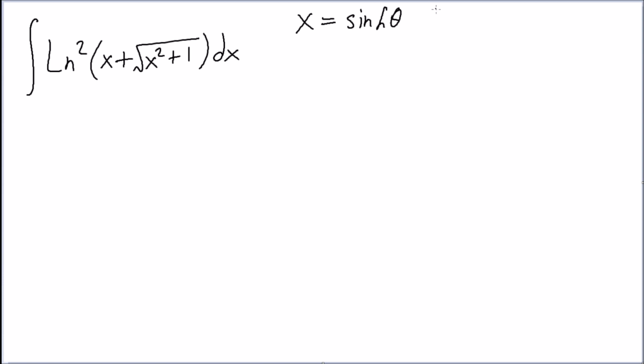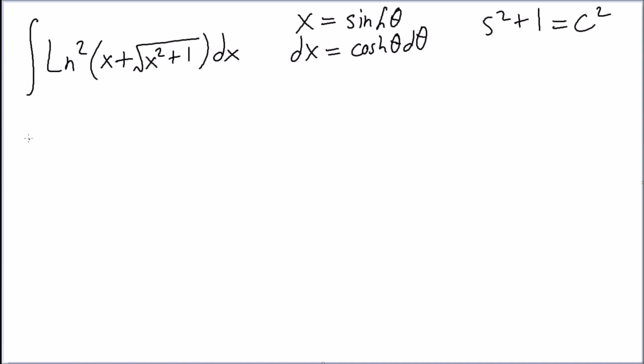Watch this. So sinh squared plus 1 is equal to cosh squared. So when we let x equal sinh theta, dx is equal to cosh theta d theta.